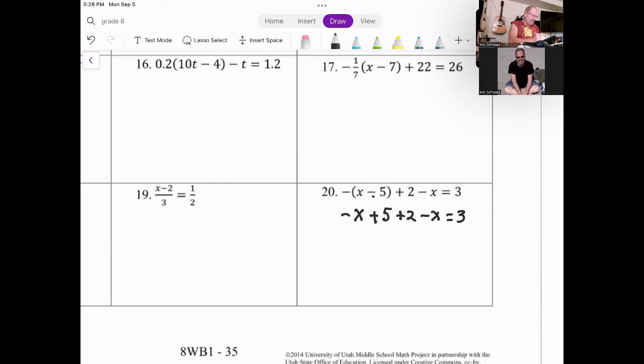Okay, so now we're going to combine the like terms. We have x and x, and we have 5 and 2. So negative x minus x is negative 2x. 5 plus 2 is 7. So we're going to undo plus 7 with minus 7.